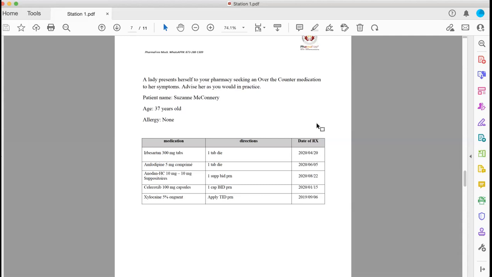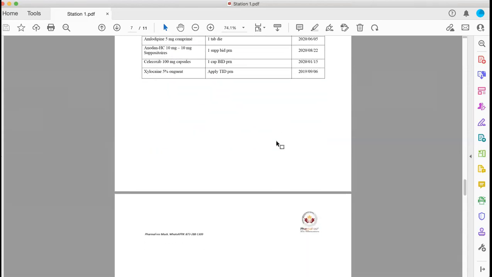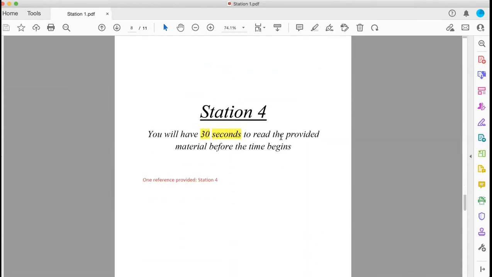Can we move on from the first to the fourth station now? Station number 4. The reference will be sent right away. Station 4, here we go.